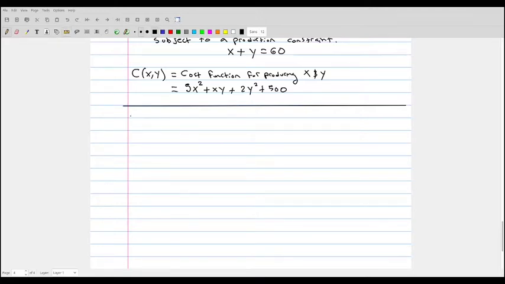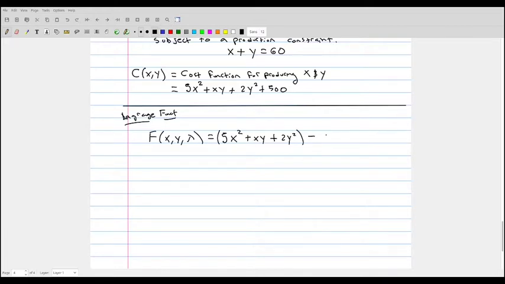And that's because directly we can construct our Lagrange function, which is going to be capital F of x, y, and lambda, which is 5x squared plus xy plus 2y squared. It's the function that we're optimizing.